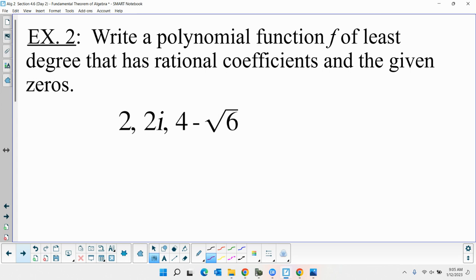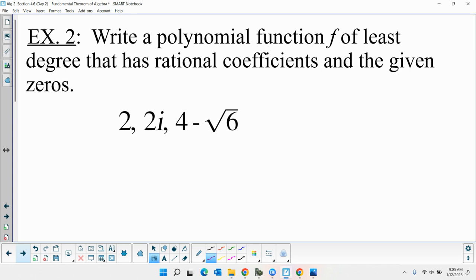Remember, if you have complex answers, they have conjugates. They come in pairs. So a lot of times the book won't tell you all of them. They'll give you one of the imaginaries and one of the complex. All right?